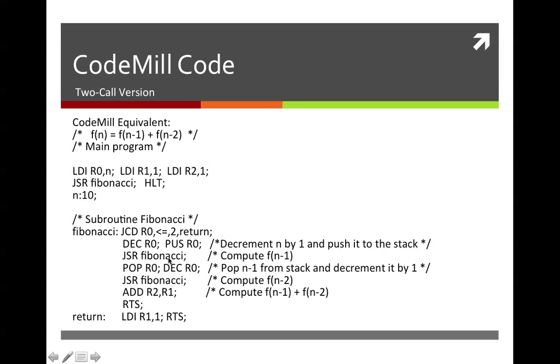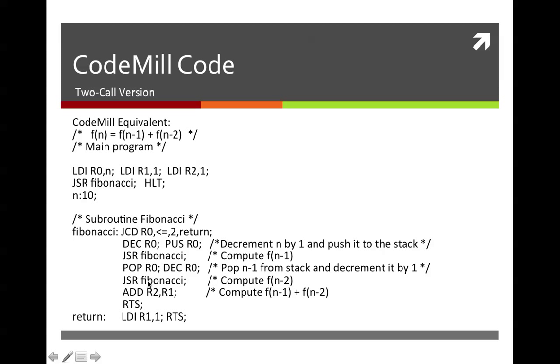So we call the Fibonacci subroutine itself to compute Fn minus 1. After that, we pop our n, which we had decremented, and then decrement it again to get n minus 2, and then jump to the Fibonacci subroutine again.